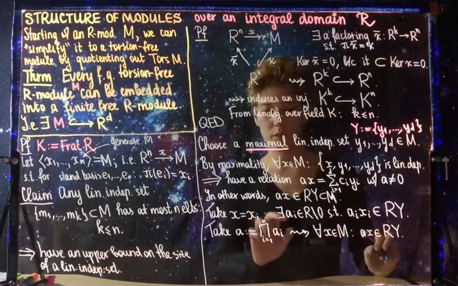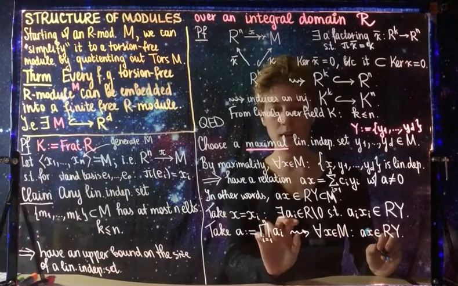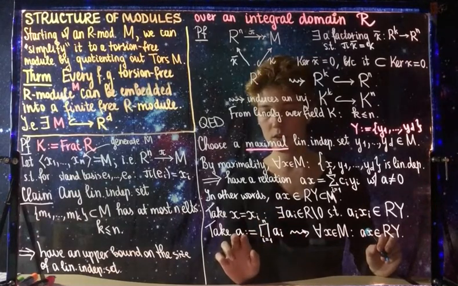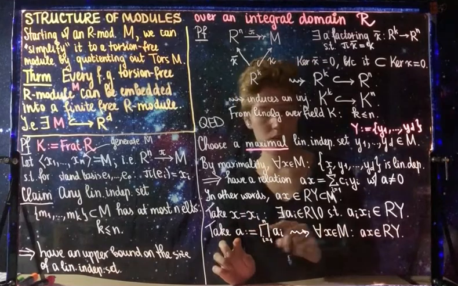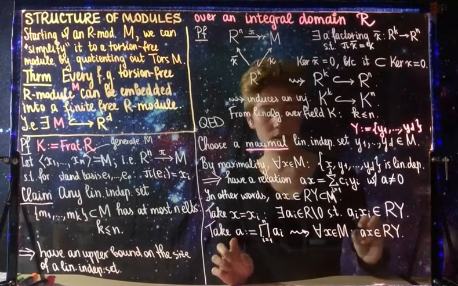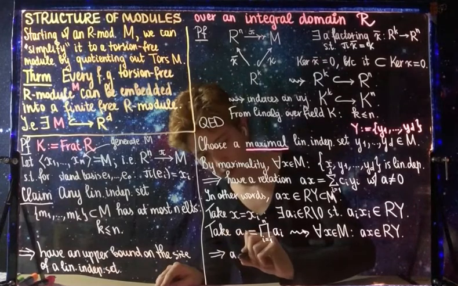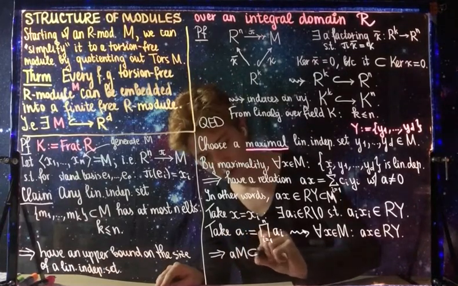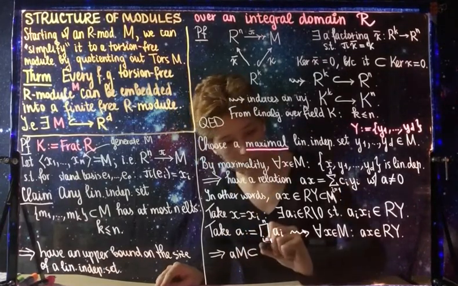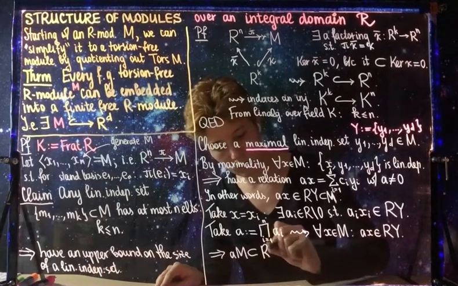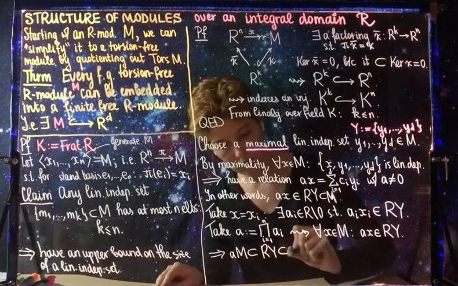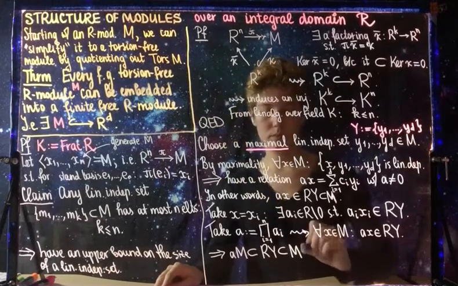So by taking the product of all of these ai's, we found uniformly an element a such that aM is a submodule of Ry inside M.